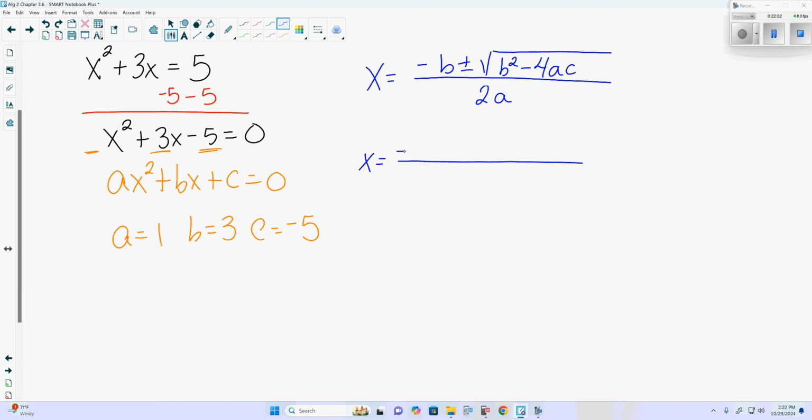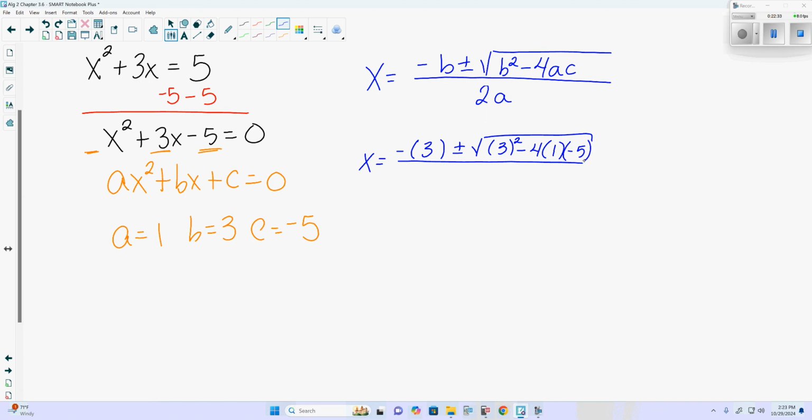So we have negative b. Well, negative, what's the value of b? 3. Plus or minus square root, so b squared, we plug in the value of 3. B is 3, so we have 3 squared. Minus 4 times a, well, a is 1, times c, which is negative 5.